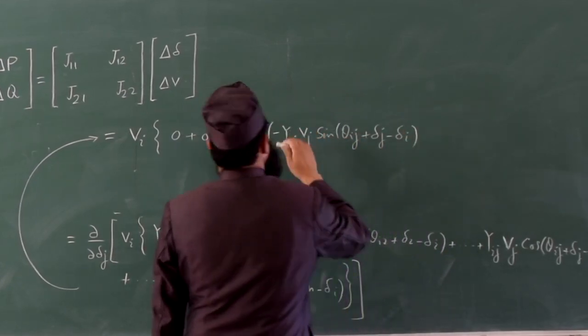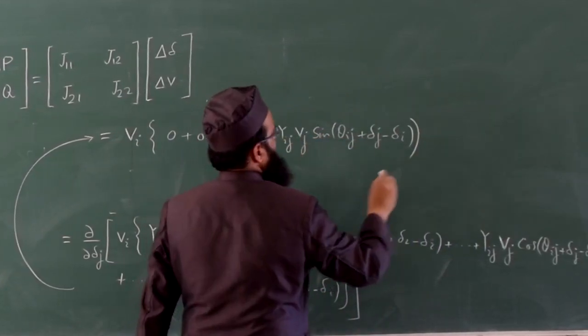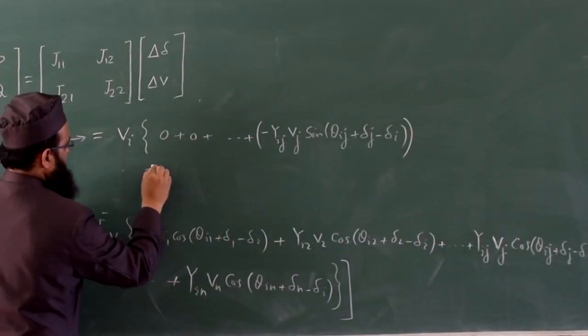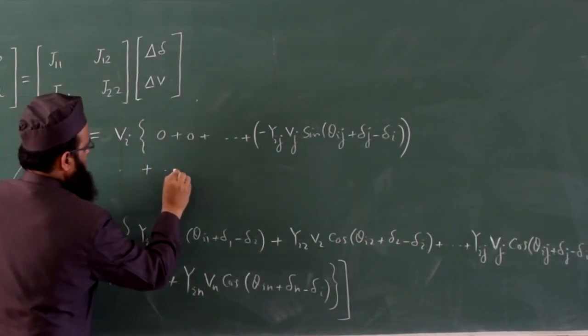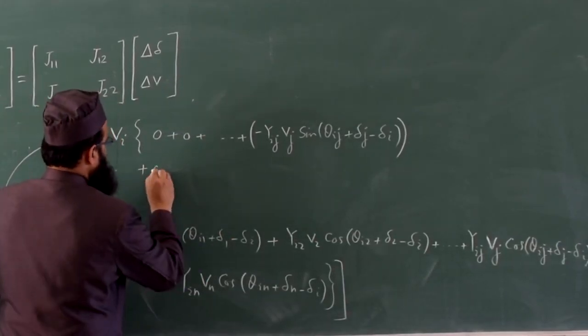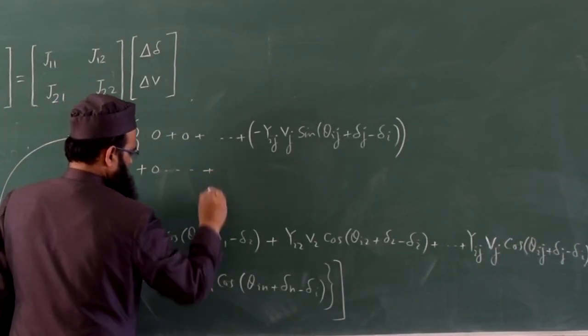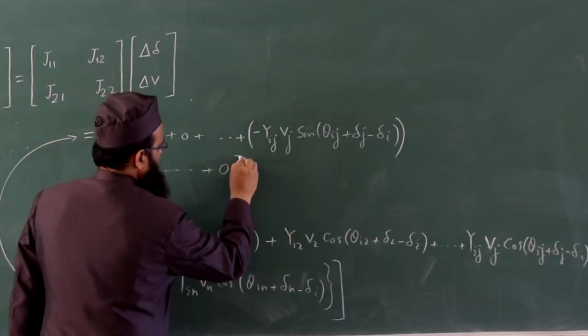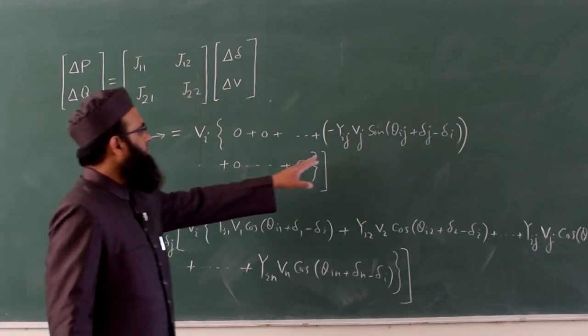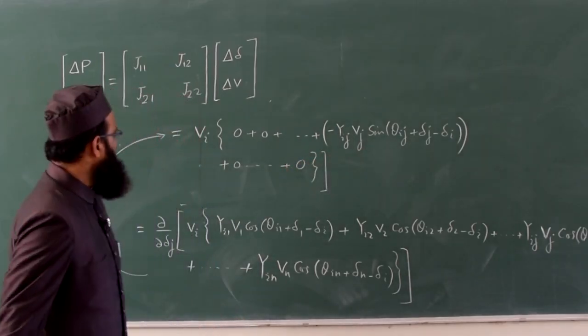The plus sign is here to avoid confusion; write this plus here, dot dot dot, all 0. Plus 0, plus this is also 0. So only one non-zero term we will get.